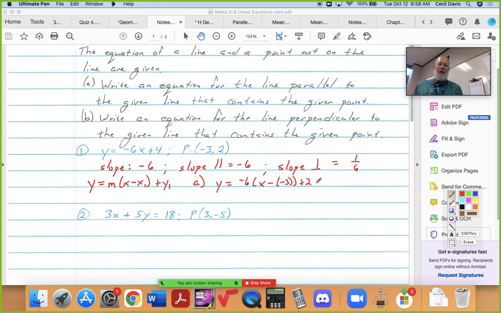And unless you did it in the first step, which you can, it's fine with me, we'll go ahead and clean that up. We'll have y is equal to -6 times x plus 3 plus 2. Once you have the parallel one, the perpendicular one takes almost no time at all. All we're going to do is change the slope from -6 to +1/6.